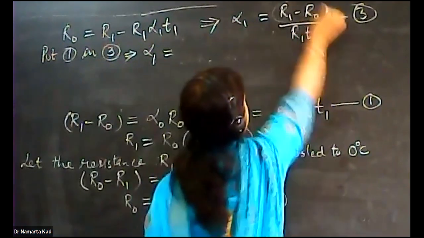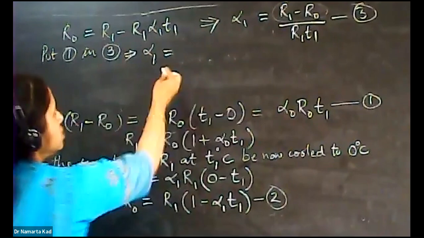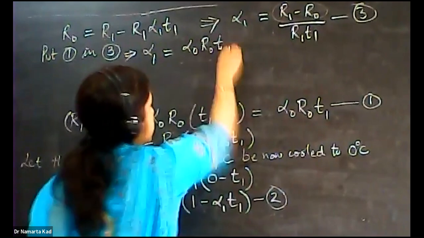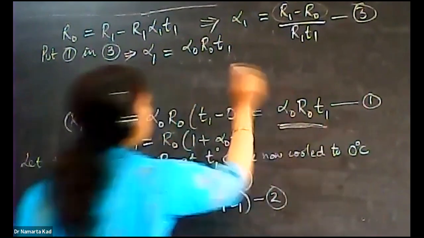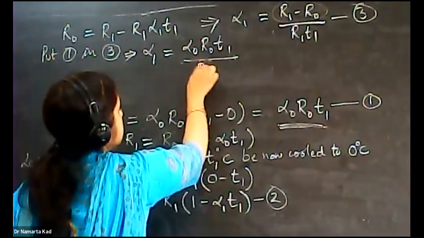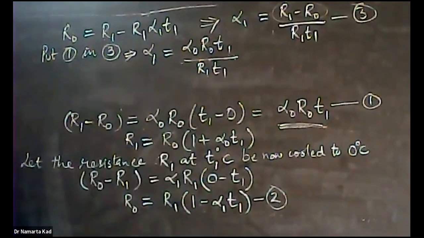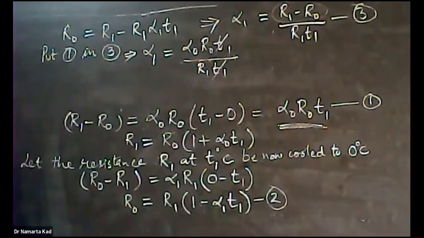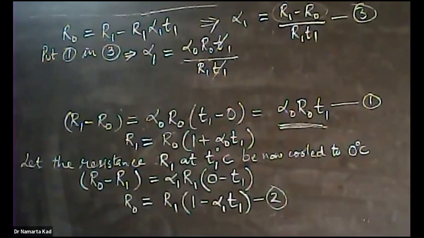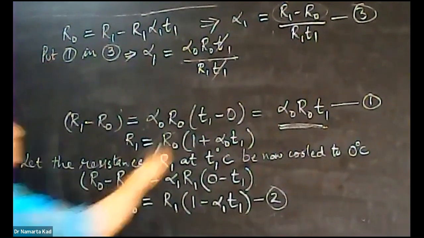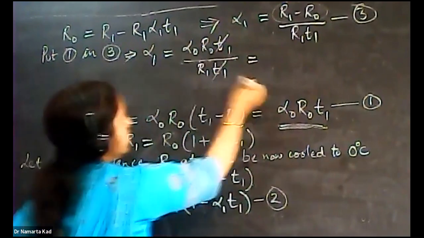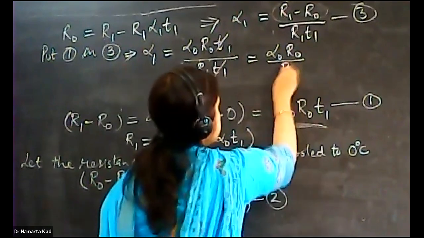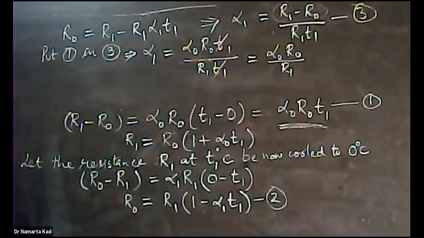Here you have to put down R1 minus R naught, which is equal to alpha naught R naught T1, this one, divided by R1 T1. Okay, so here T1 will cancel out, and it can be written as alpha naught R naught divided by R1.